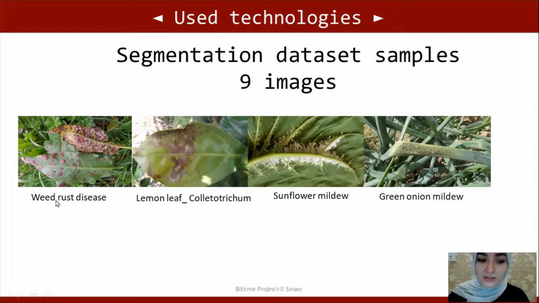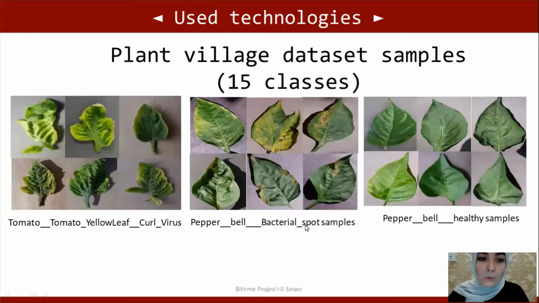Here you can see weed rust disease, here you can see green onion mildew, and here sunflower mildew. Classification dataset, where 15 classes collected from the Plant Village dataset. Here are 3 samples of those 15 classes. We can describe them in one word, like simple backgrounded and learnable.